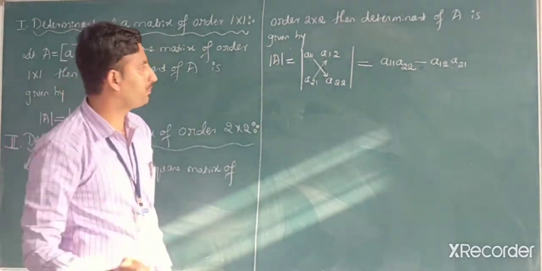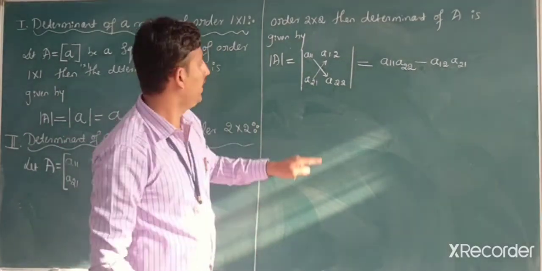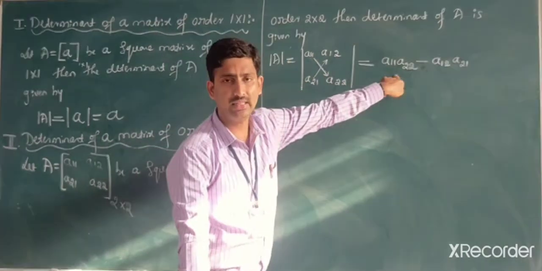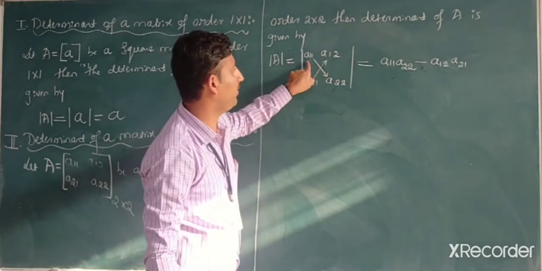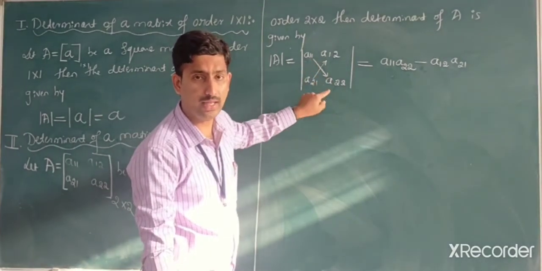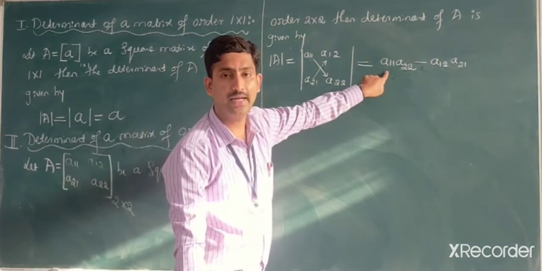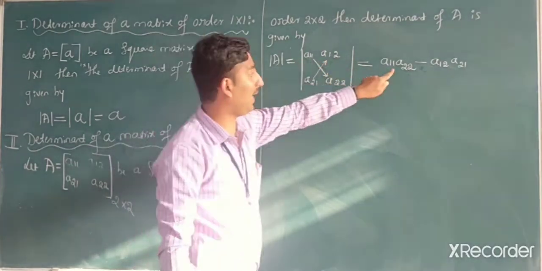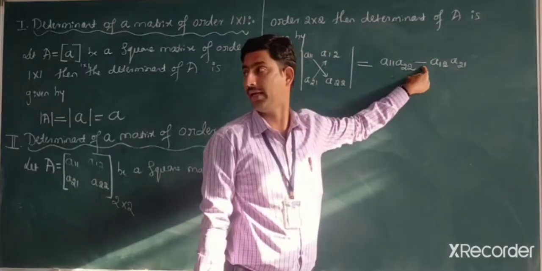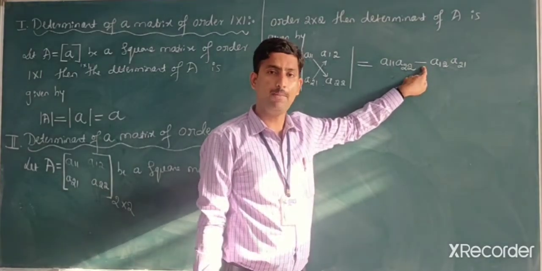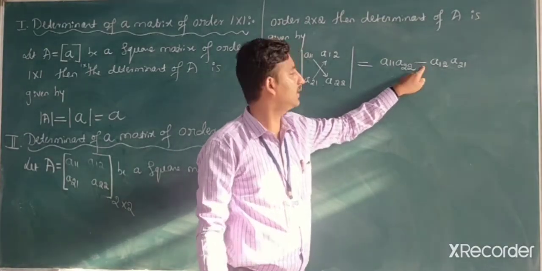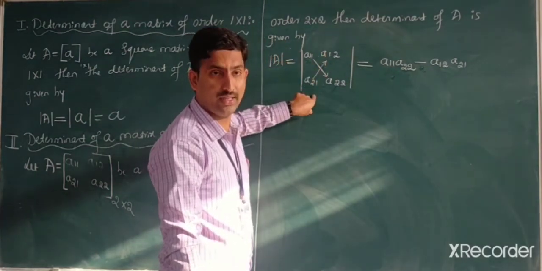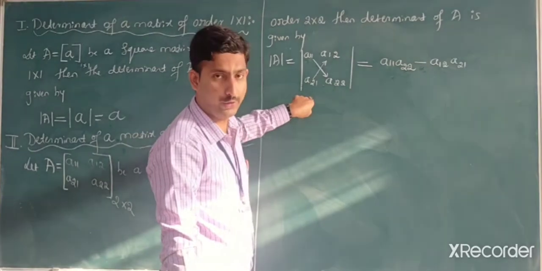A12, A21. Suppose both are negative, then it is also the same answer. If A11 is negative and A22 is negative, then the final answer is negative into negative, which is positive. But here the minus is compulsory, you have to put the minus because it is the formula. If A12 and A21 are both positive, fine.